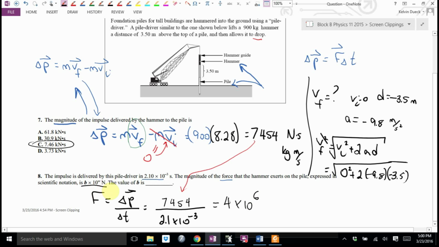And they want me to write it in this format here. They want the value of b. So I would argue the value of b is 4.